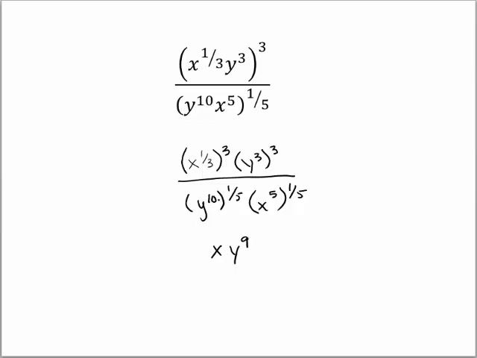Here's y to the 10th raised to the 1/5. That becomes y to the 2nd. And x to the 5th raised to the 1/5 becomes x. All right? Okay, now I've got a simple problem, but we're not done yet.